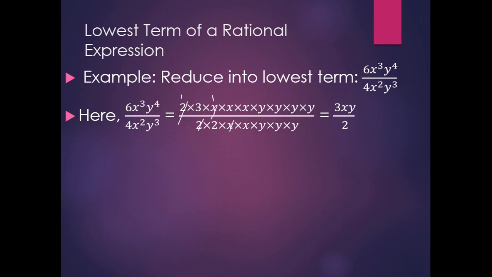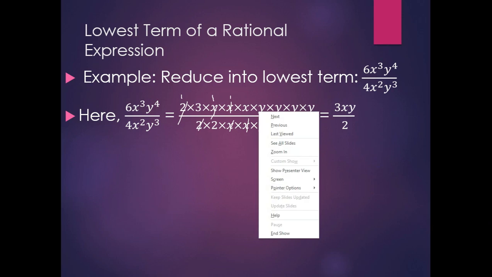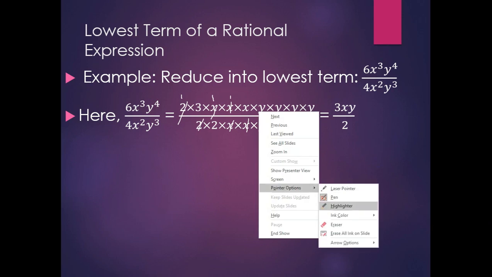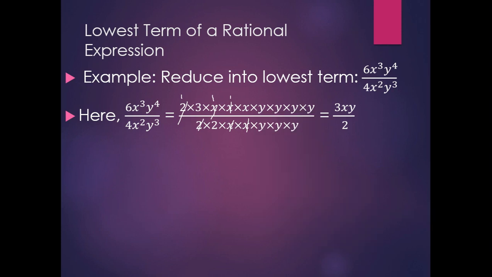This other x can be cancelled with the other x, and each y can be cancelled with a y, three times. Here I have not written 1 because that is understood.